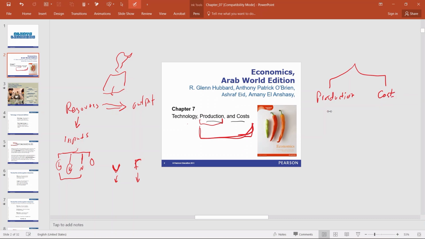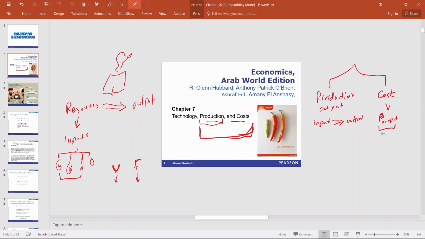So production is related to output and how much input you will use to produce any output or output level. But for the cost side, we will use value, which is the price of the input multiplied by input, and this gives you the amount of cost.